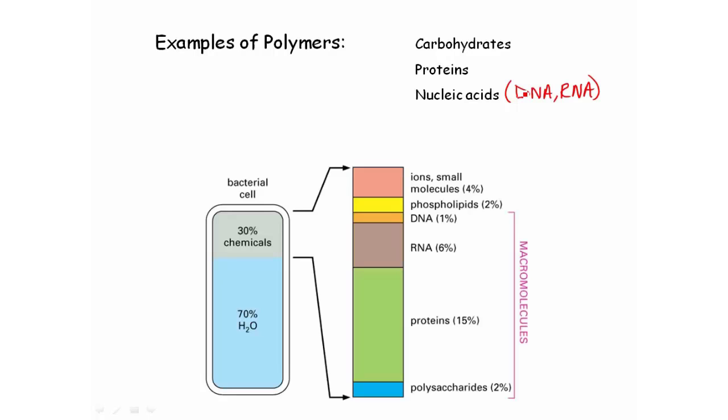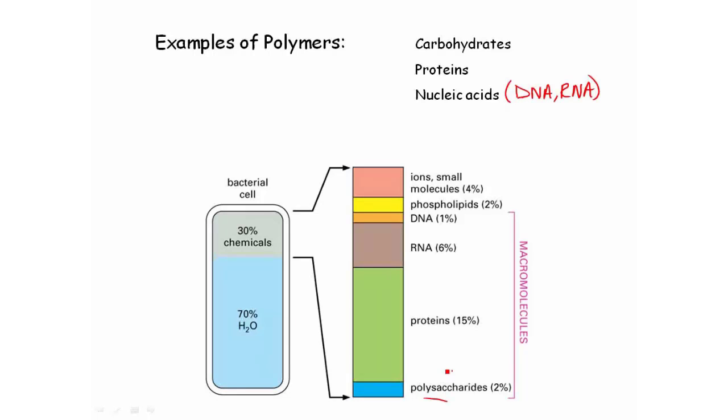If we look at a typical cell, within a typical cell, roughly 70% is composed of water. So that is the vast majority. But that leaves us about 30% that is going to be chemicals. And of that 30%, most of it will be macromolecules and most of it will be polymers. So here on the bottom, we can see that we've got polysaccharides.